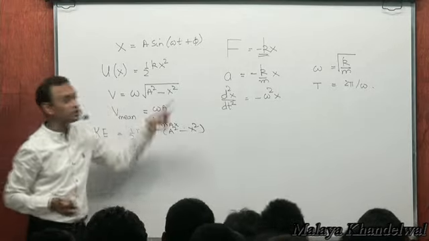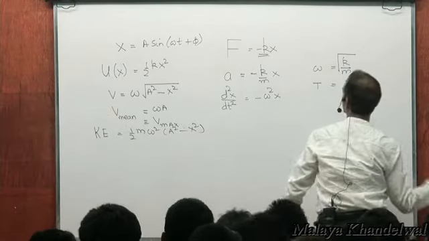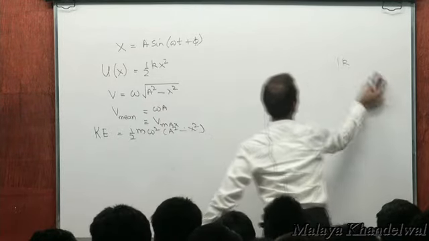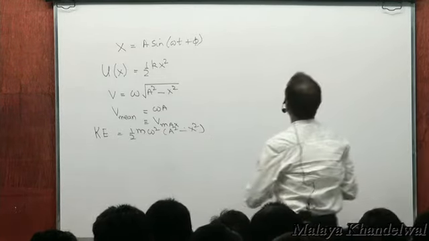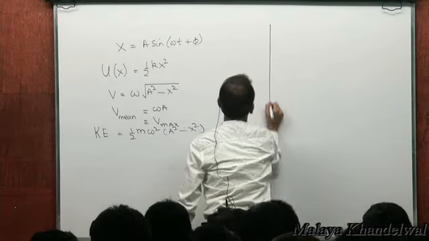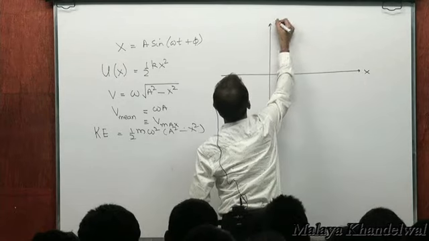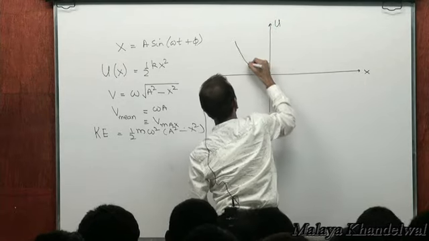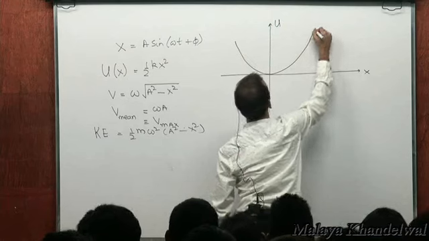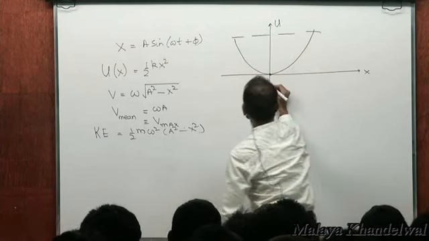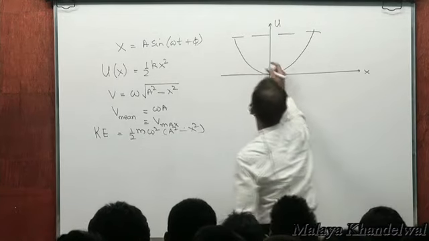This is the potential energy as a function of x. And the graphical variation of potential energy with x was given by this. At the mean position, that is at x equal to 0, potential energy was the least.